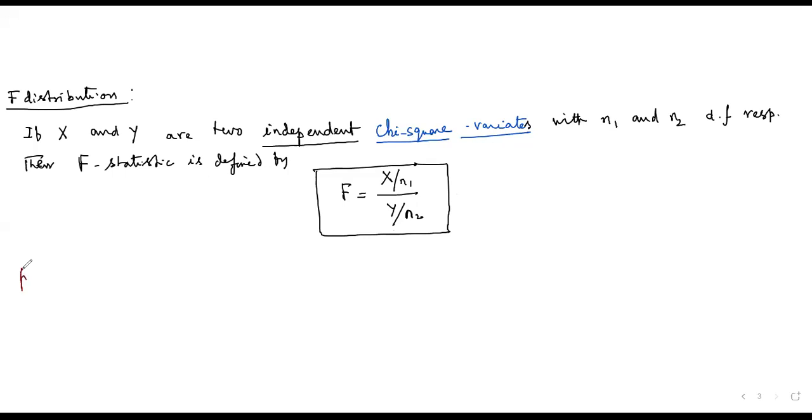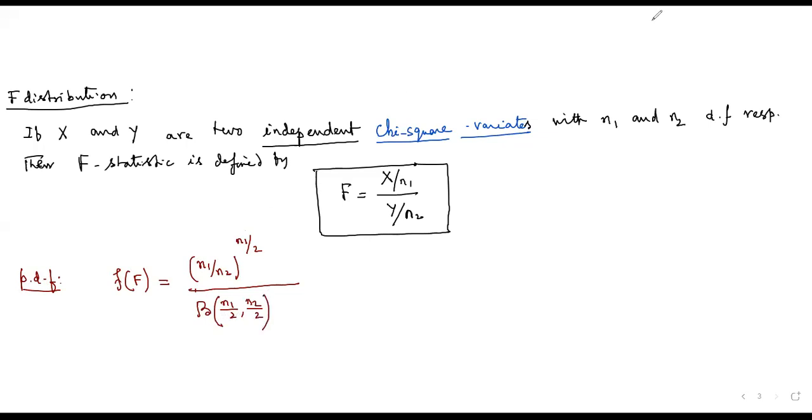And this F distribution is a continuous probability distribution, and it must have a PDF. The form of the PDF is actually a bit complicated, although I'm writing it over here. So the PDF of this F distribution is like this. We consider n1 by n2 to the power n1 by 2, and beta of n1 by 2 and n2 by 2.